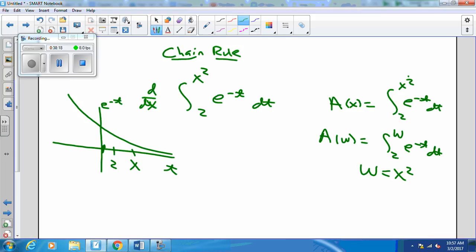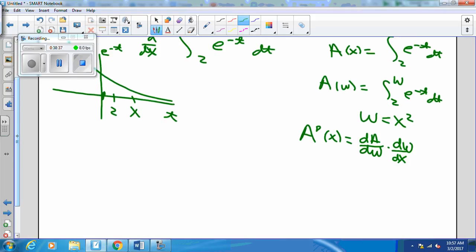So A prime of x should be equal to dA/dw times dw/dx, using my chain rule. In other words, derivative of the outside times the derivative of the inside. And because this is in standard form, this is automatically the height of the curve. And because w is x squared, its derivative is 2x.